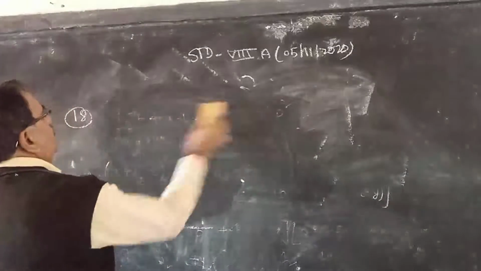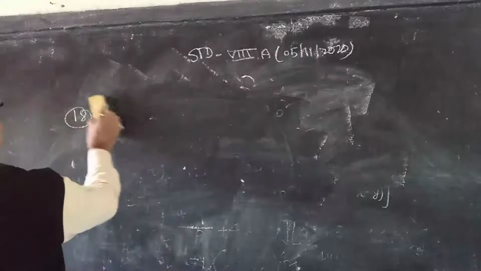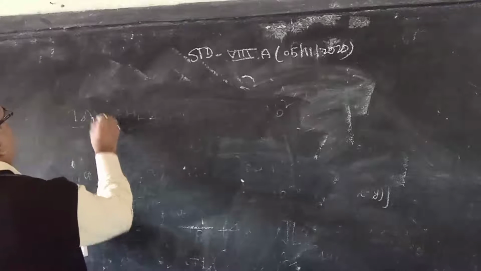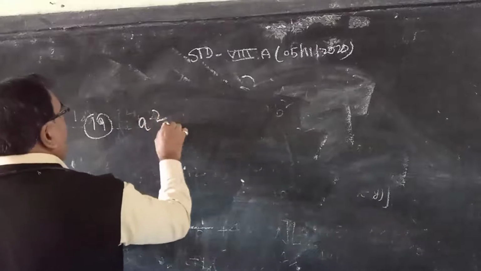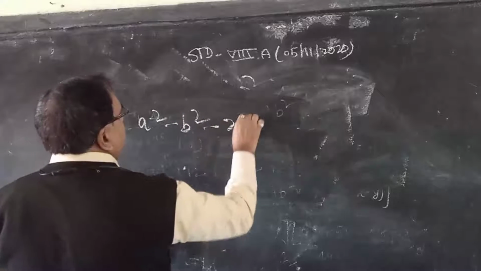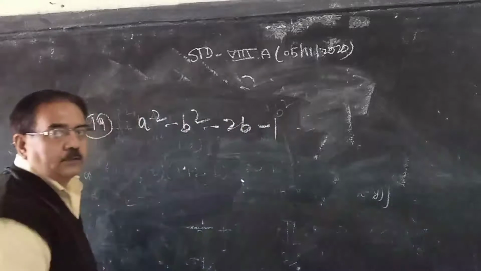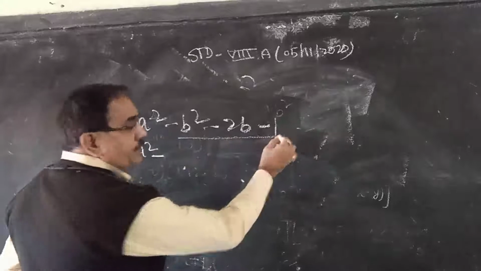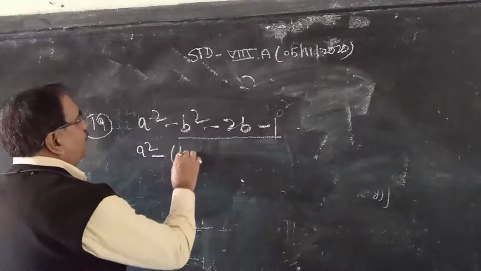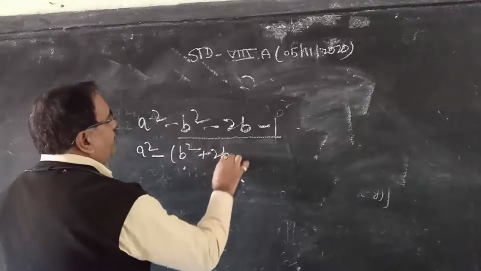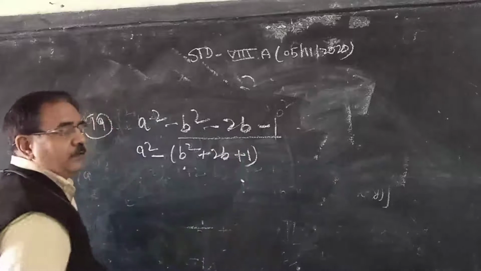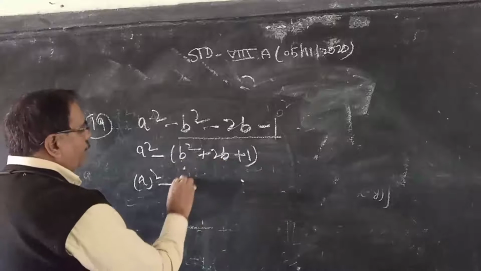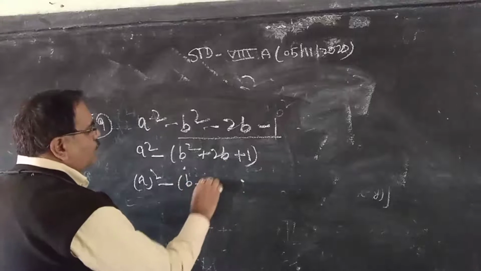Similarly, question number 19: a square minus b square minus 2b minus 1. First of all, we take minus common in the last 3 terms, then b square plus 2b plus 1. Now this is based on the formula (b plus 1) whole square.